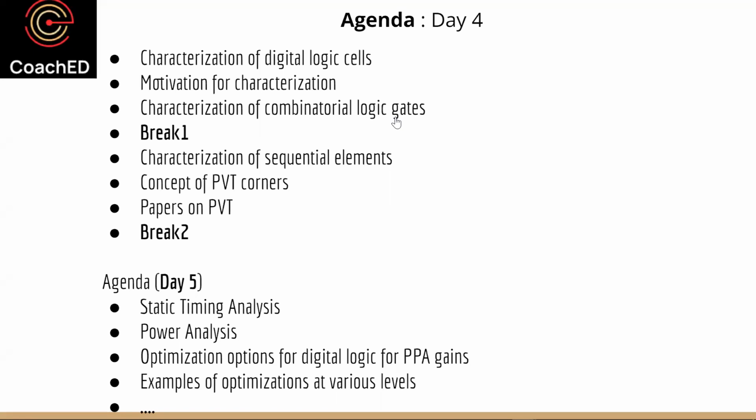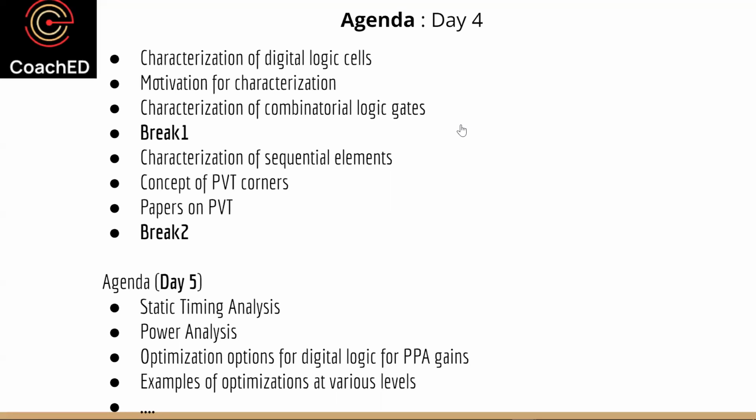There's this concept of .libs, which is the output file, the industry standard generated from the characterization flow, which is used by a lot of these CAD tools in the ASIC flows. I'll show some examples.